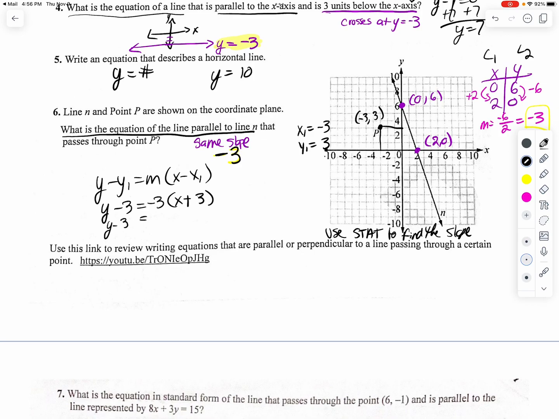Bring down the y minus 3, and this is -3x minus 9. Add 3 to each side. And we have y equals -3x minus 6. And that's our equation that passes through the point (-3, 3) and is parallel to this one as well. We could actually plot it if we wanted to, but no need.